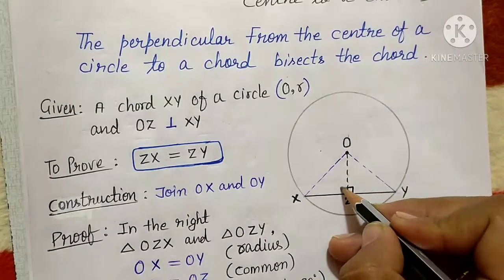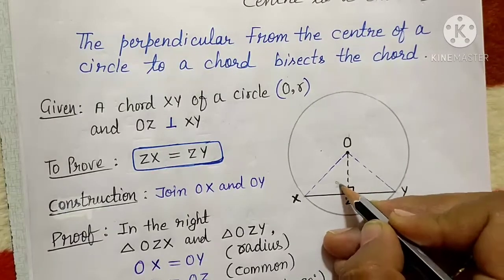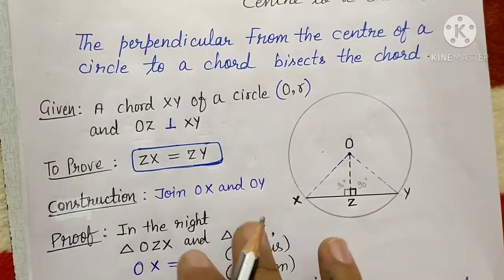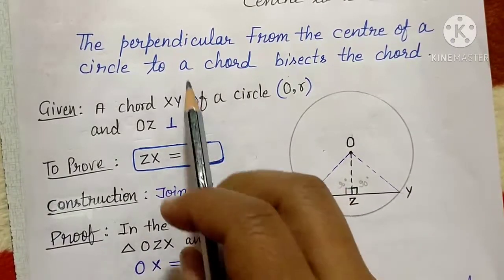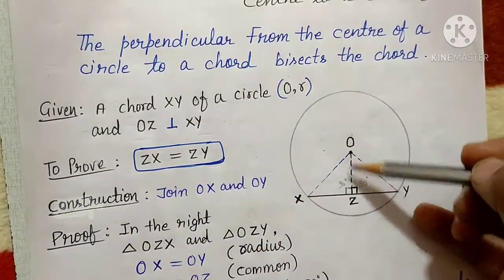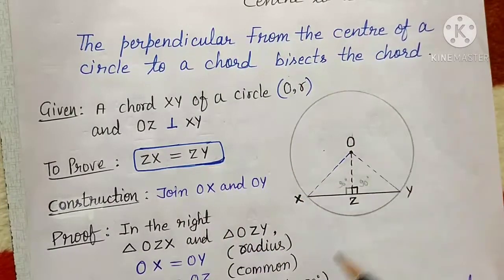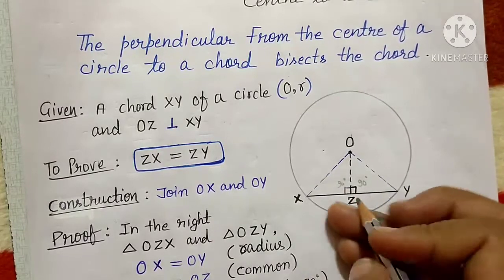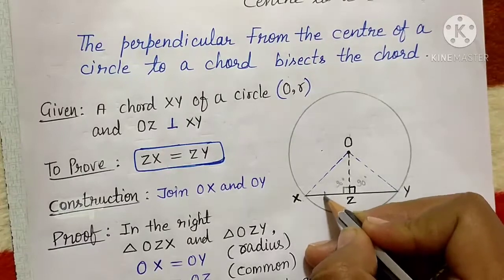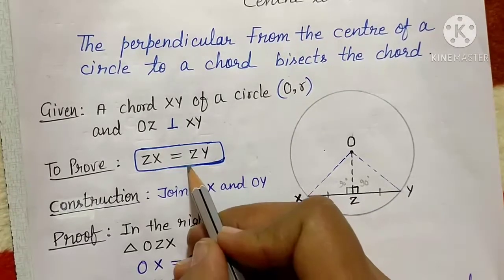Perpendicular means they will make a 90-degree angle on both sides, here a 90-degree angle and here also a 90-degree angle. Now what do we need to prove? We need to prove that the perpendicular OZ bisects the chord XY. It means ZX should be equal to ZY. This is what we have to prove.